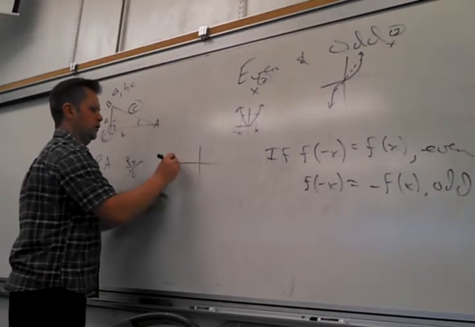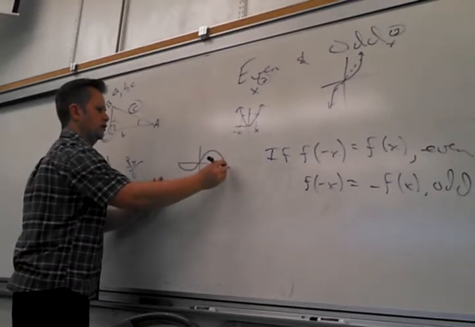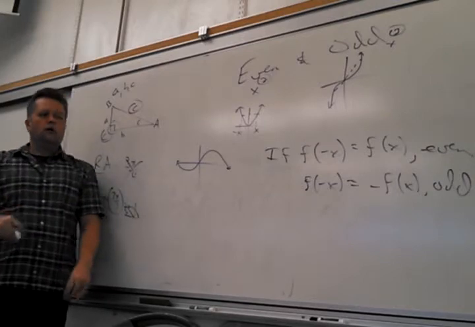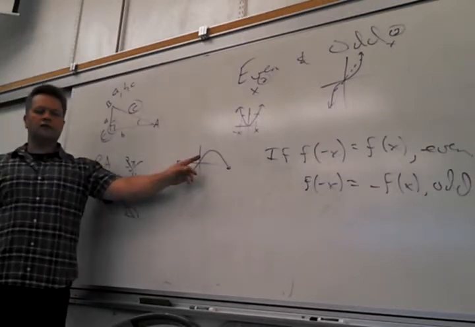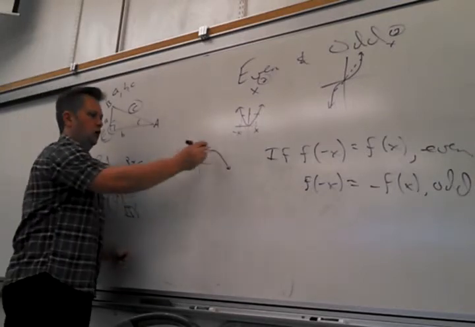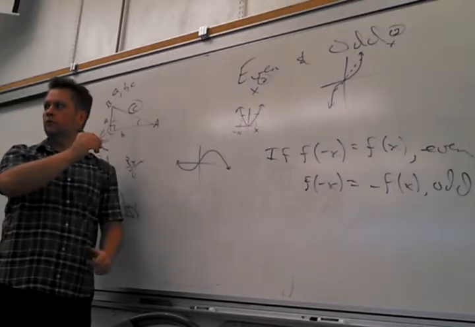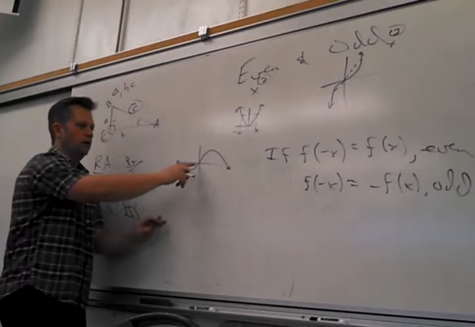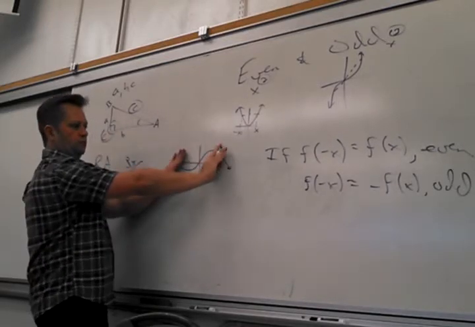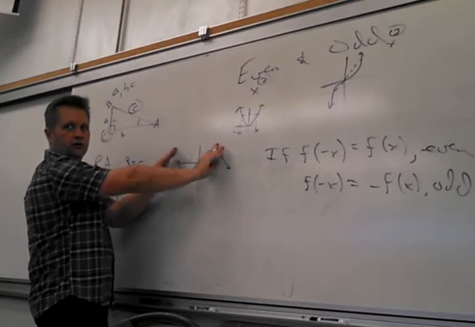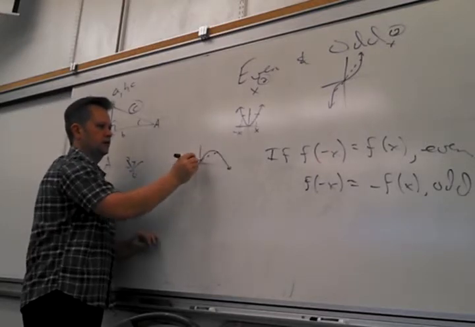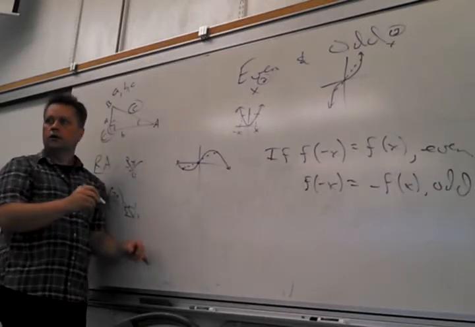So, sine. Which one is sine? Is it even or odd? It's very obviously not even. It definitely looks very cubic in the middle, sort of, right? So this is the same as that, goes through the origin.